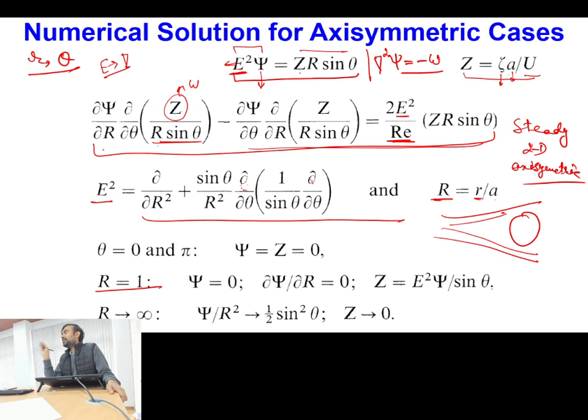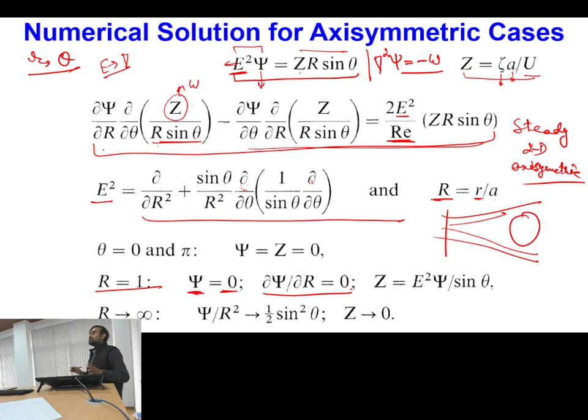So boundary conditions will always depend upon the physical situation. Here, at R equal to 1, you have a solid sphere. No streamline will be entering, so the stream function will have a constant value, and I am assigning that value equal to 0. At the sphere I will have the no-slip boundary condition, so del psi by del r is equal to 0.